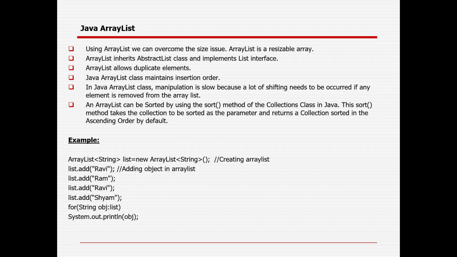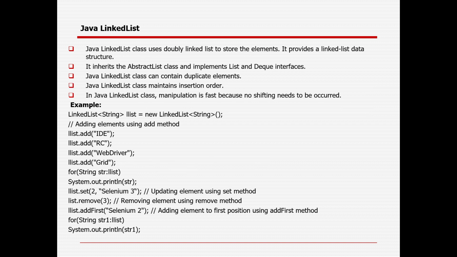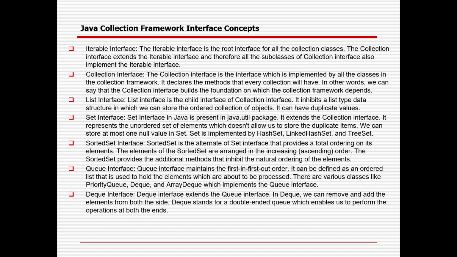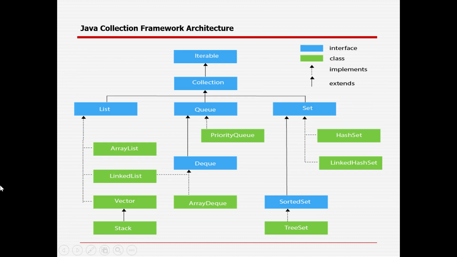Okay, in case no questions, I will go to the next one. The next one is the linked list. So what is linked list here? Just try to understand the diagram. You could see linked list is implementing two interfaces at the same time, List as well as Deque, right?